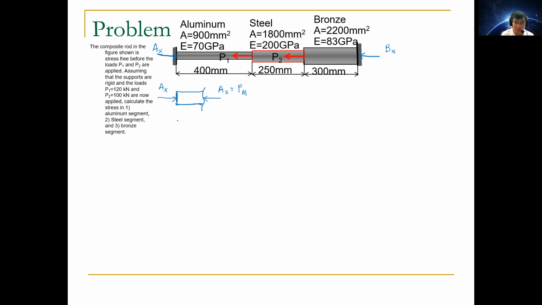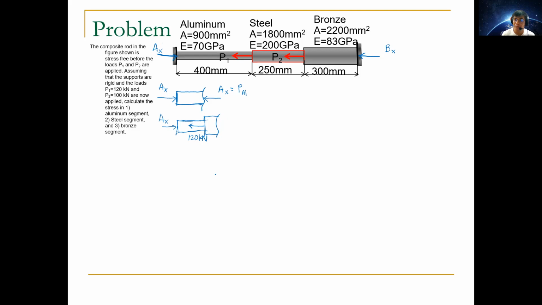So next, we go to the steel portion now. I will not erase the first drawing, I will just move it so we have space for solving the problem. So let's say this one is AX. Then our other external force, P1, is 120 kilonewtons. So let's say 120 kilonewtons is a greater force compared with AX.